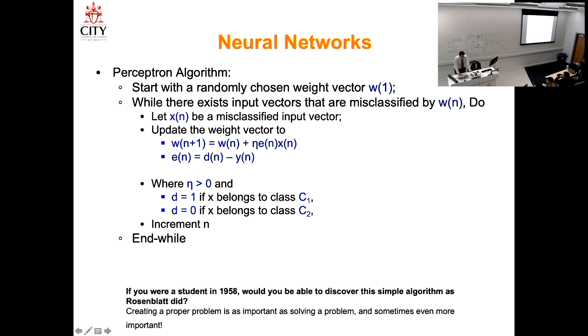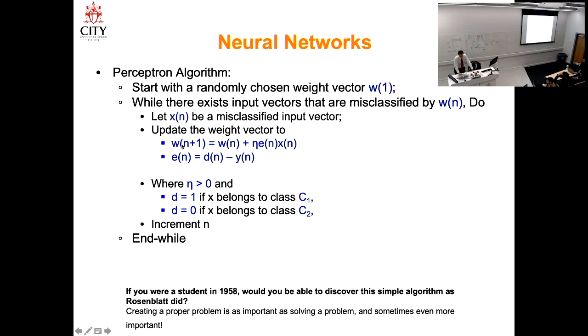And while there are input vectors that are misclassified by the weights that I have randomly selected, where n is the repetition number, do these few simple lines. Let's say xn is a misclassified input vector. I had a value, I multiplied it in the line, and it fell on the wrong side of the line. So it is wrong, so I will update my weights.